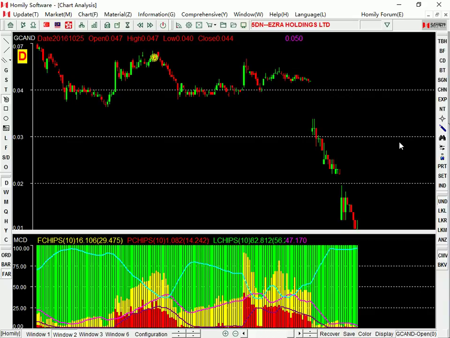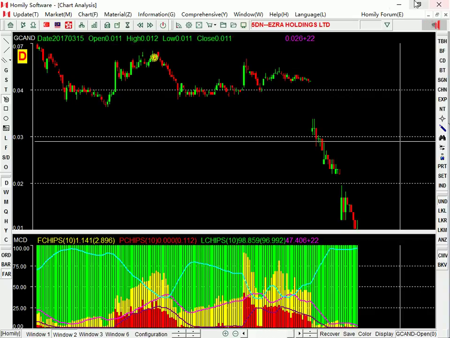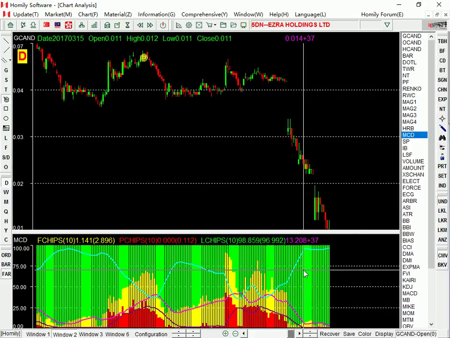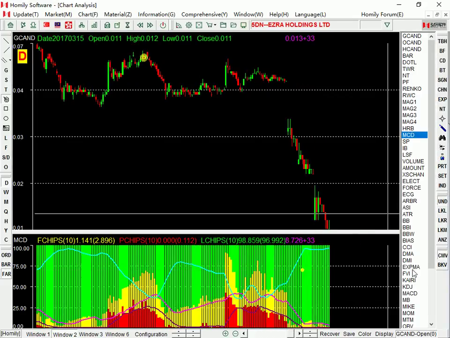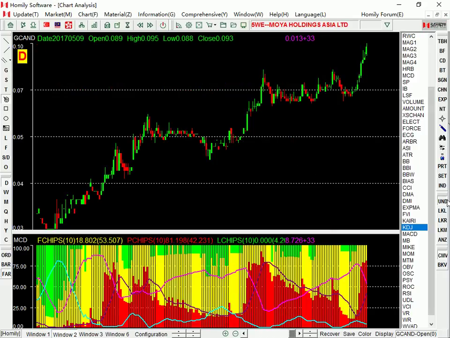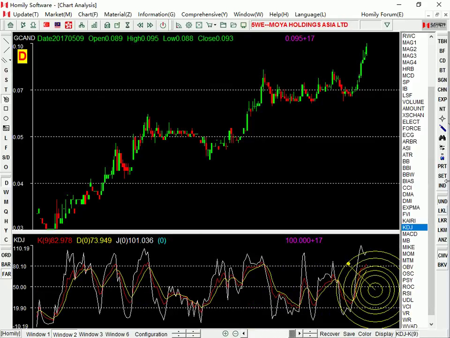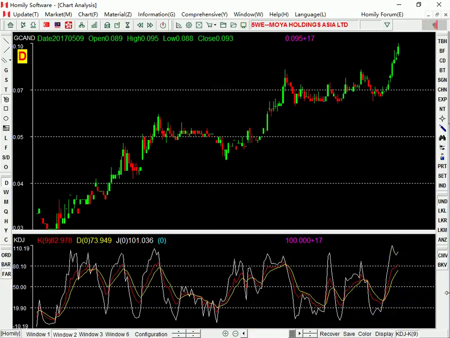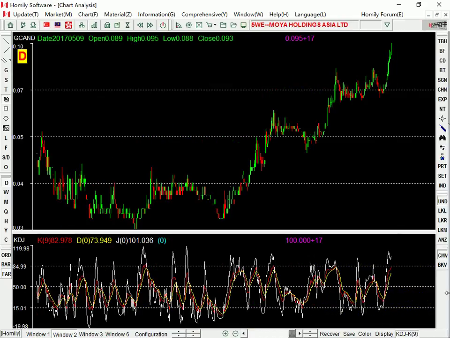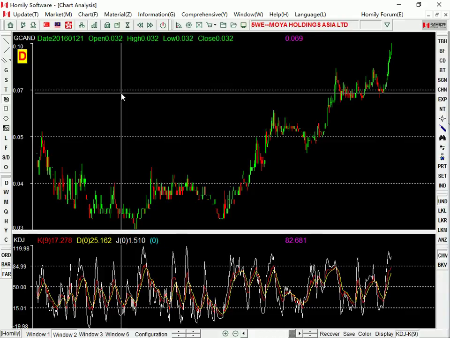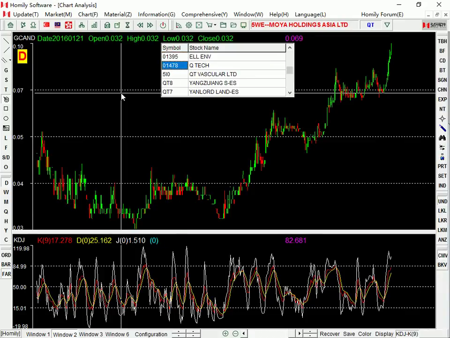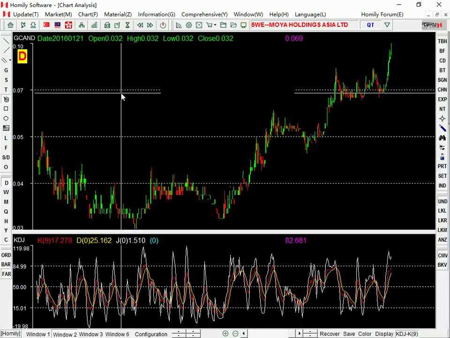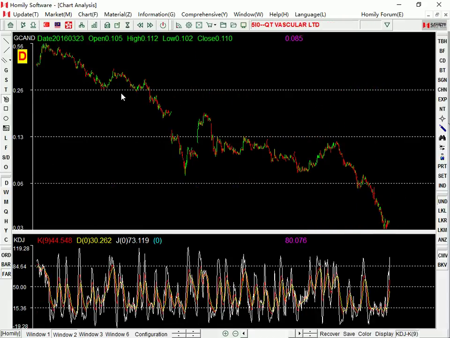Okay? If you see the price, maybe you can see the indicator, like the KDJ. So let's see this one. You should know sell or not.